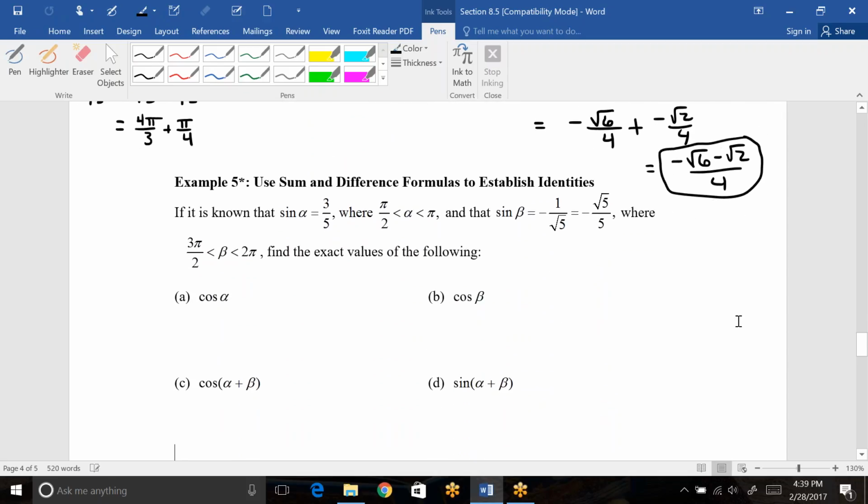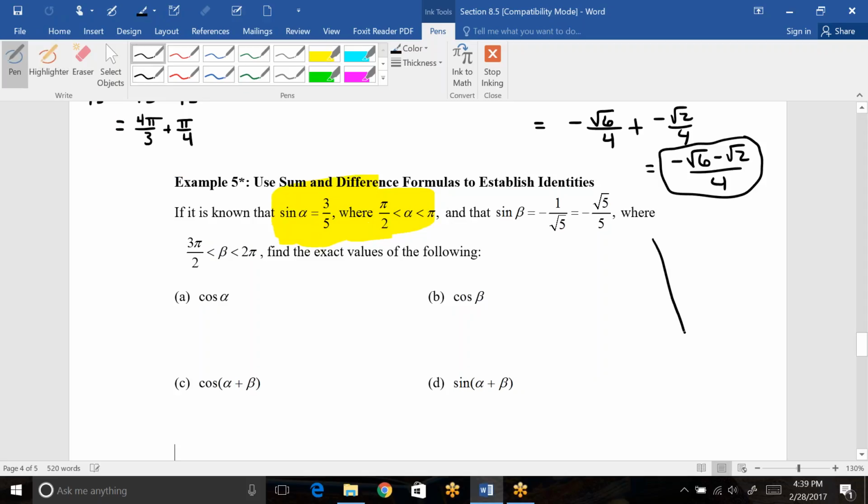Now, if you know one piece, or sometimes two pieces, about a sine of two different angles, or a sine and a cosine of two different angles, you can still use these formulas. Notice in this scenario I have two different angles that they're referencing. Sine of alpha, so alpha is going to be one of my angles, is 3/5, but alpha has to be in quadrant 2.